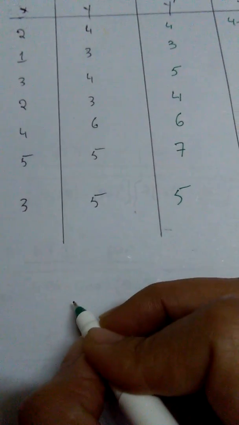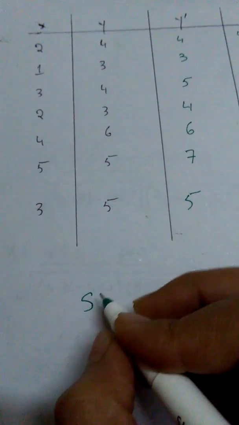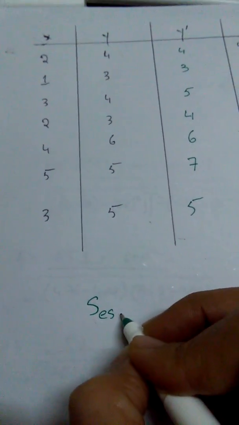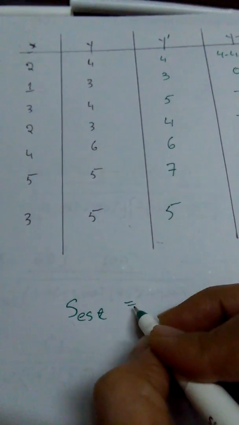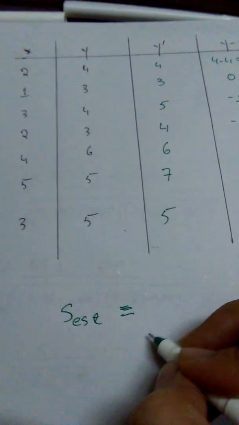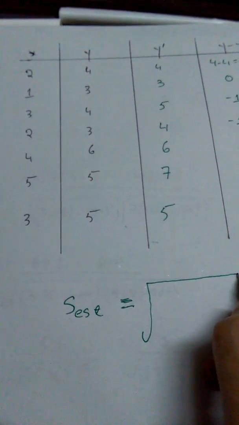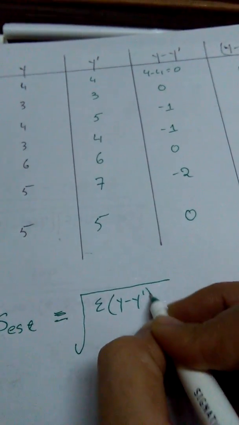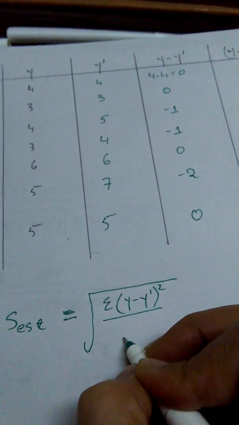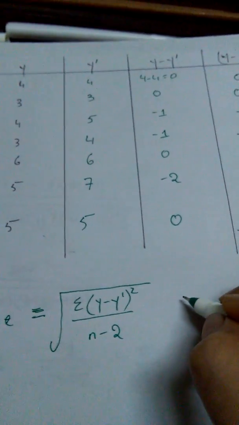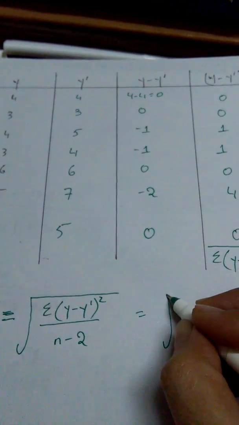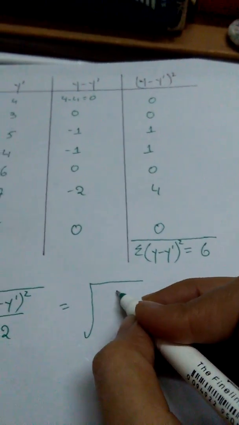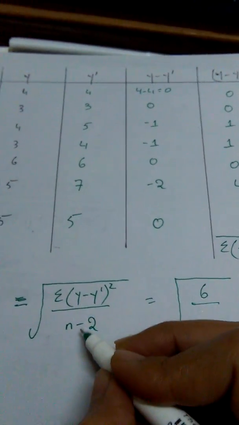Now let us calculate the standard error of estimate. And the standard error of estimate with respect to the sample data is represented by this notation. Okay, so now it is 6 upon, and here the value of n is 7 because these are the 7 ratings.